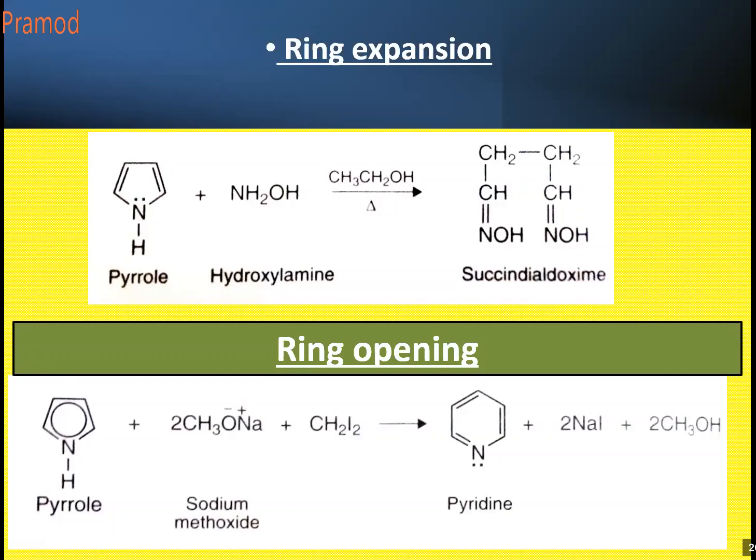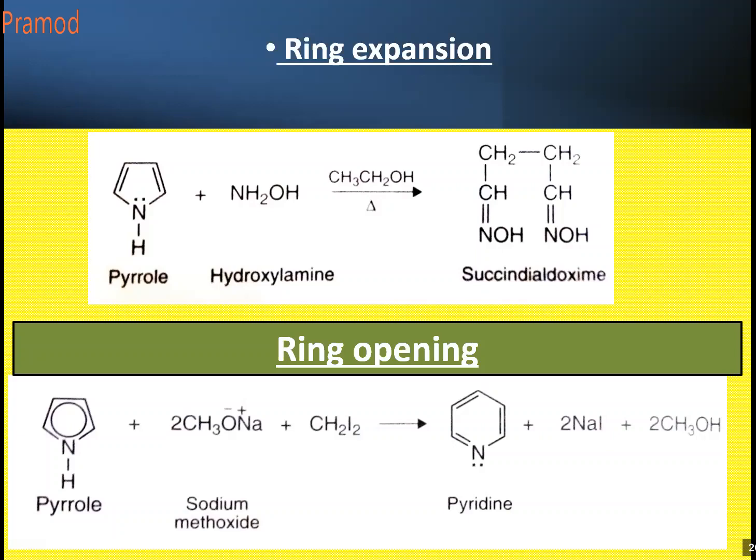For ring expansion, you treat pyrrole with sodium methoxide in the presence of diiodomethane, and you get pyridine. So this is an example of ring expansion.